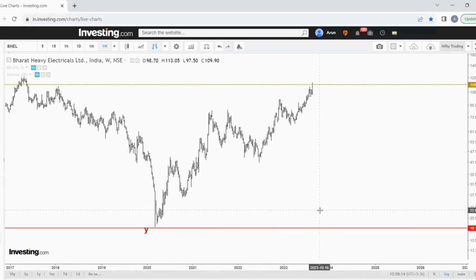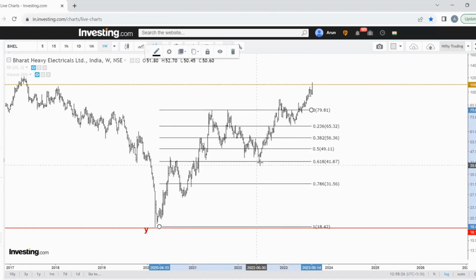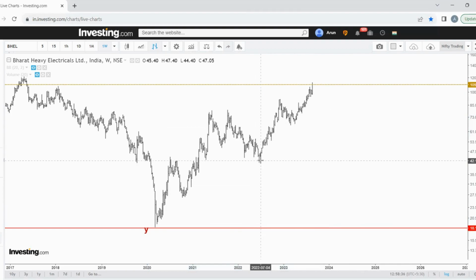Usually wave 2 retraces 50% to 61.8% of wave 1. We'll see here. So exactly, wave 2 retraces 61.8%. And the price moves. Maybe this is 1, 2, and 3 of 3.